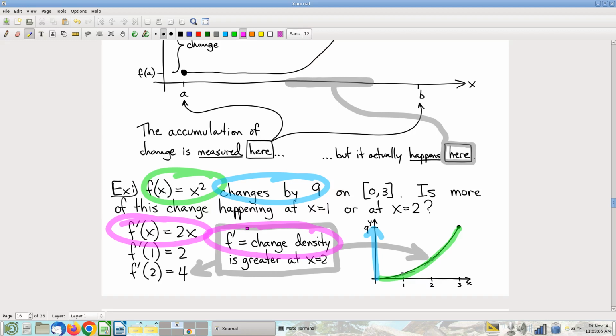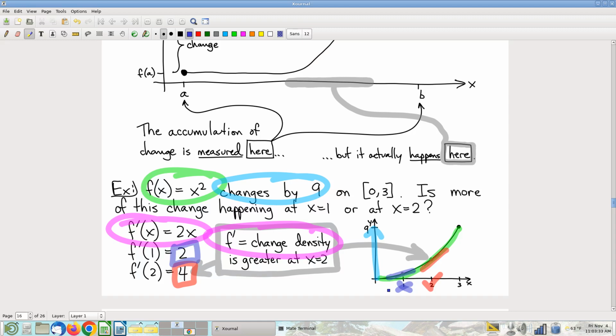And by virtue of the fact that f prime is bigger at 2, this 4, change density is 4, that's telling you there's more change happening here at 2, which you can visibly see is certainly the case. And by comparison, less change happening here at 1.